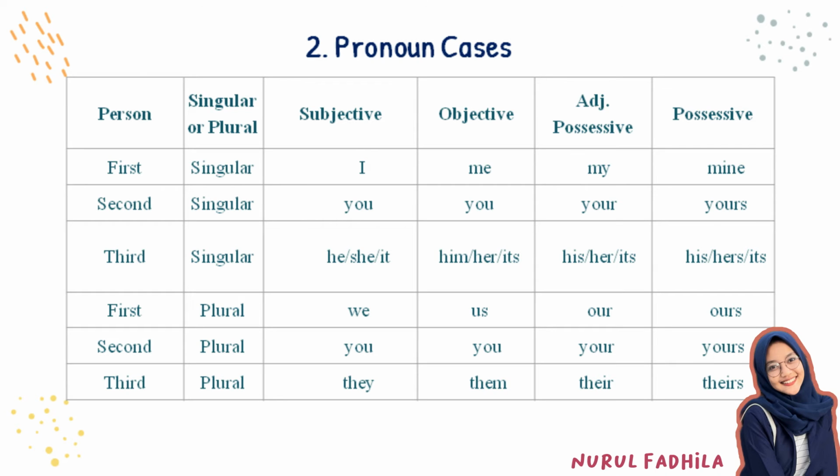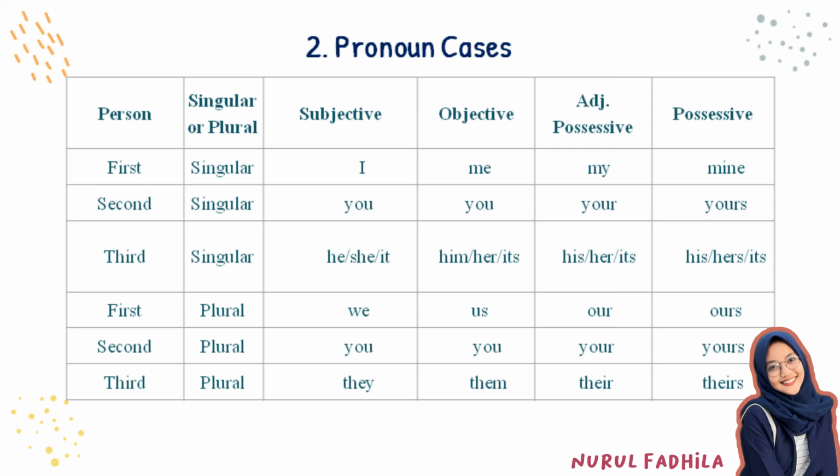For the first person singular: I as subjective, me as objective, my as adjective possessive, and mine as possessive. For the second person singular: you as subjective, and you as objective, your as adjective possessive, and yours as possessive.